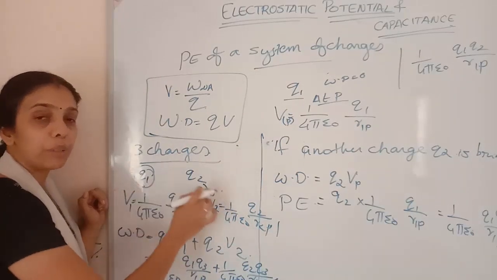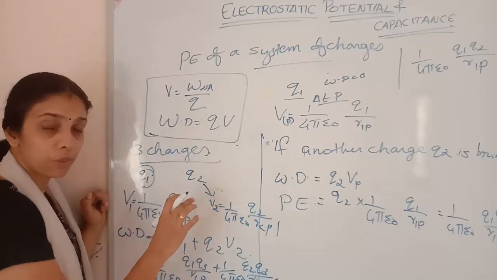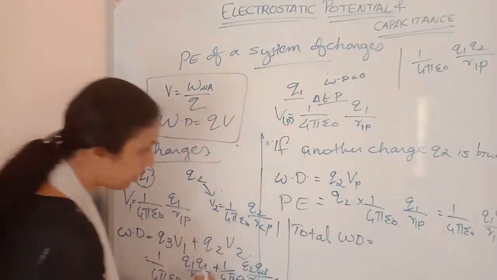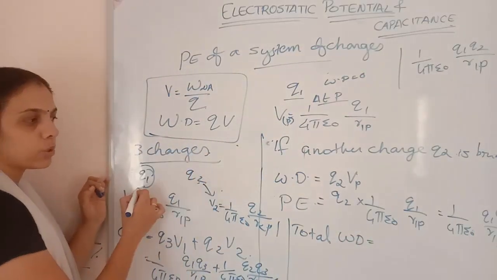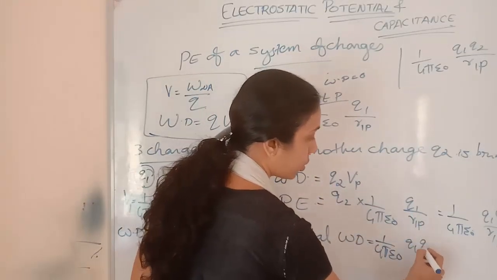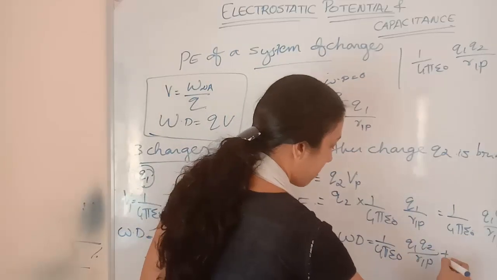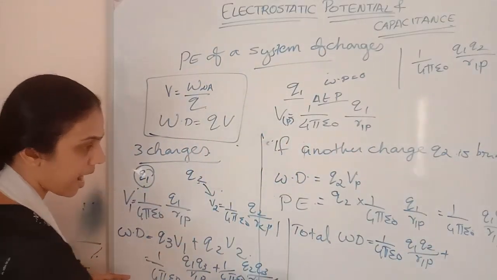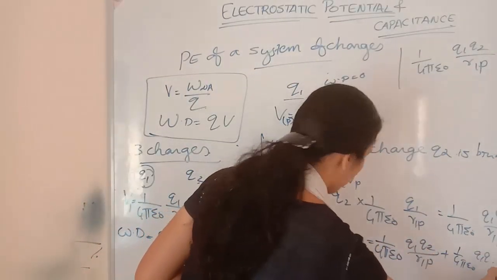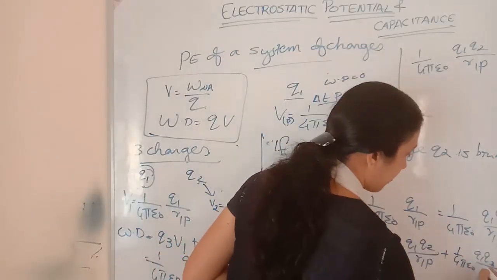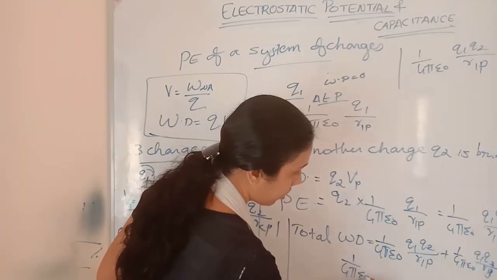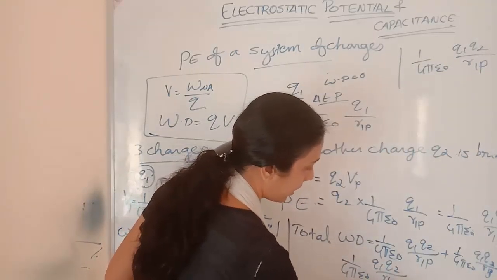Already between Q1 and Q2 some work should be done, so the total work done is 1 by 4 pi epsilon 0 Q1 Q2 divided by R12, plus 1 by 4 pi epsilon 0 Q1 Q3 divided by R13, plus the Q2 Q3 term.